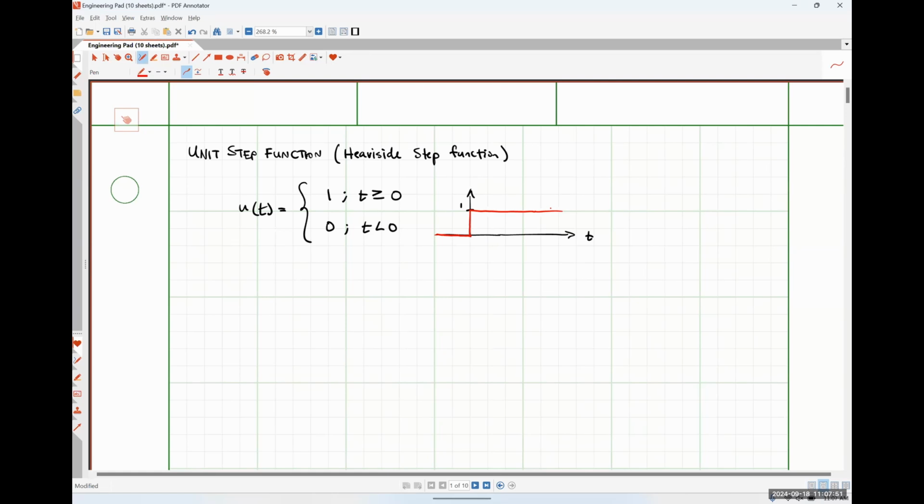So this function mathematically describes how we've been implementing switches in our circuit, because this function effectively just turns something on, right?